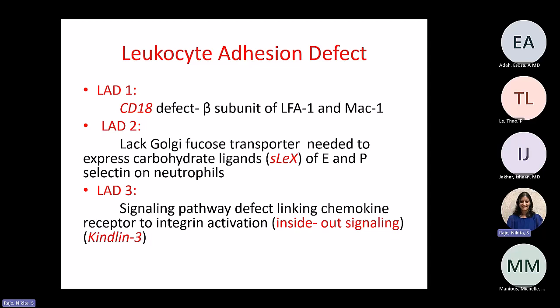All of those are features of LAD type 1, which is the most severe. LAD type 2 is a defect with more growth and developmental issues, and LAD type 3 has platelet issues. So the most severe one is LAD type 1, but you have to know about type 2 and type 3 as well.